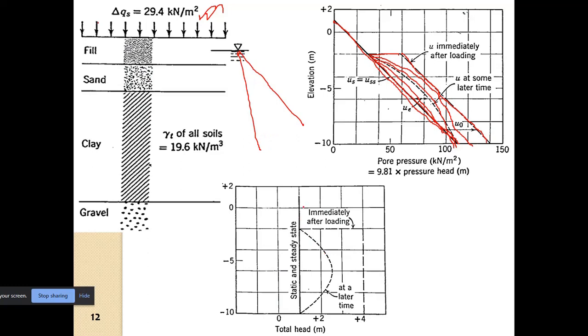If we plot in terms of total head, the pore water pressure, we will have an increase in head, and then with time the head will decrease, as we saw in the case of the standpipe. The pore water head shot up, all right, and then with time it slowly decreased.